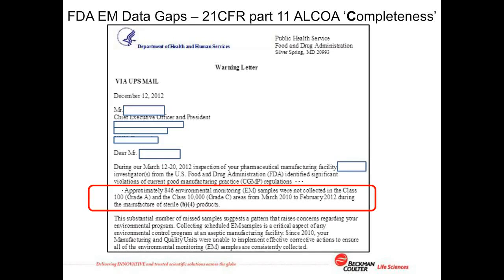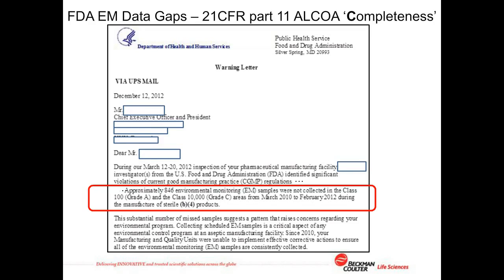Now, this does give a well-known problem for many sites. This is an FDA warning letter, which was issued in 2012, written up for a sterile manufacturer who's making sterile injectable drugs.